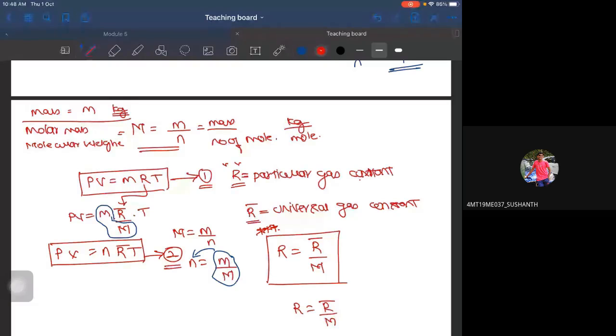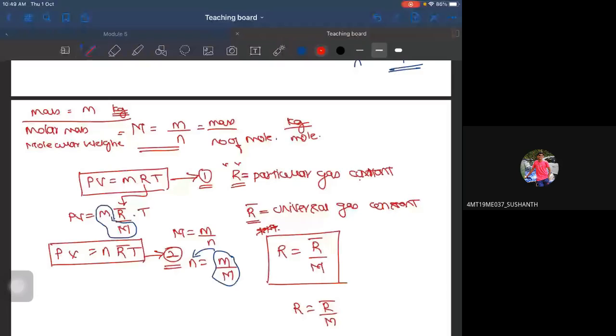In terms of words, you have to say it: particular gas constant is equal to universal gas constant by molecular mass. Be very careful there, there is a huge difference. Small m is your mass. Capital M is your molar mass or molecular weight. Okay, be very careful.